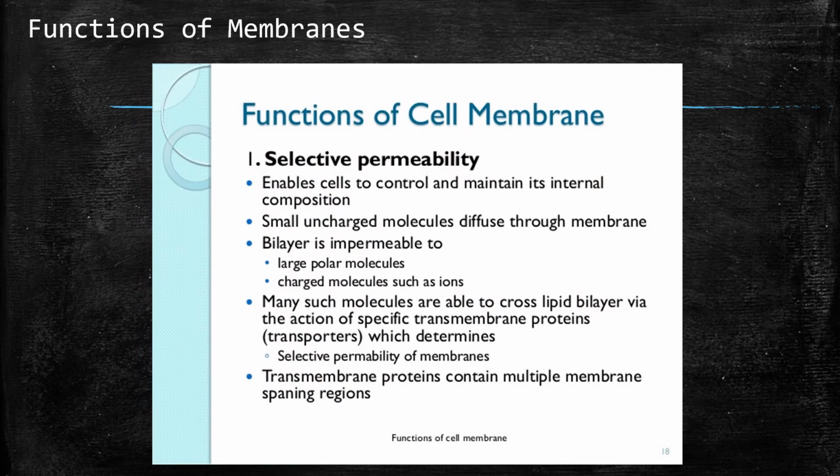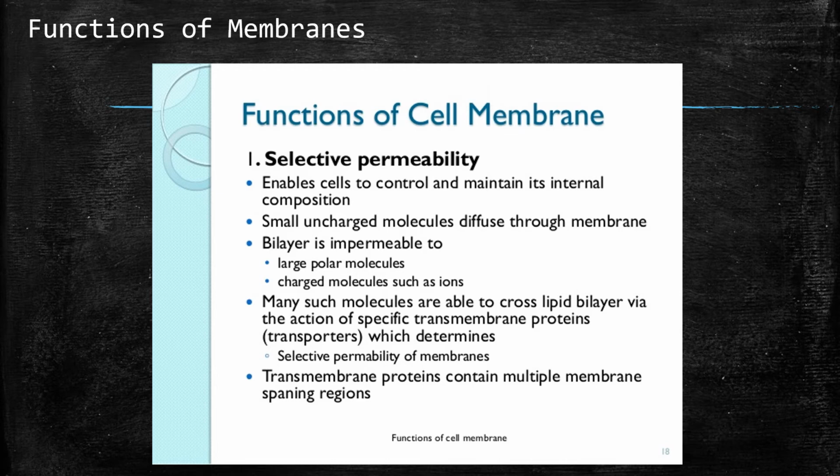So now that we've talked about what the membrane is made up of, let's talk about the function of our membranes. So this kind of puts it together nicely. Our cell membranes are selectively permeable, which means they allow some things to come through but not others. So our cell membrane allows the cell to maintain its internal composition separate from the extracellular spaces.